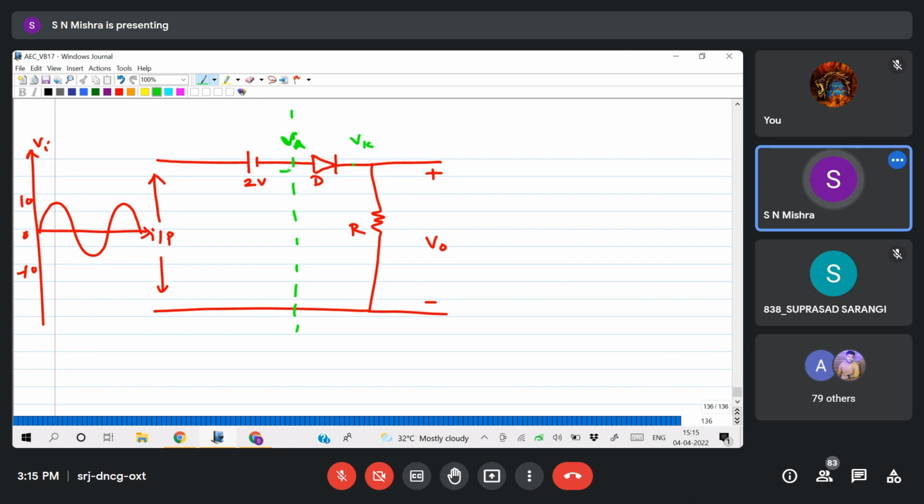With respect to ground. This point with respect to ground is Va. So from here to here, this is Va. Understood?